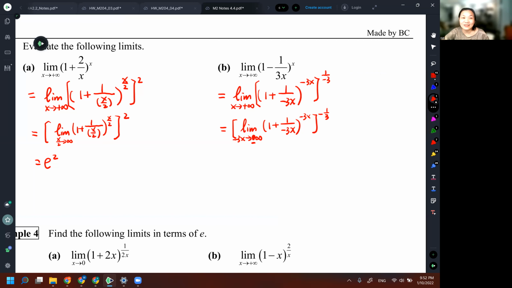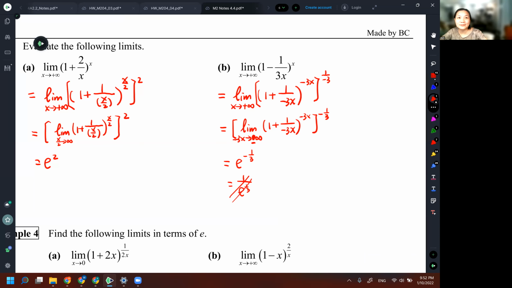This is really based on guessing. This is still equal to e. So the answer is e to the power negative 1 over 3. You can write 1 over e to the power 1 over 3, but that's not necessary. In M2, you are allowed to express the final answer in the negative index. That's fine.